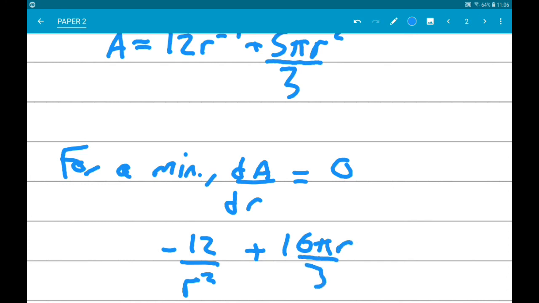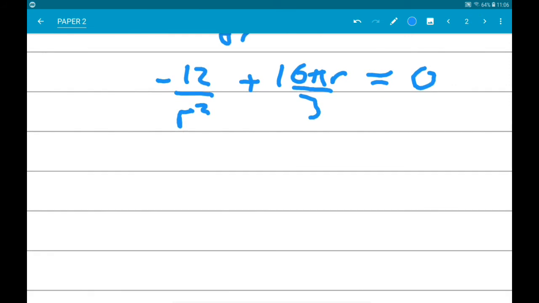And that is 0. Alright. So now we want to find r. So we can add 12 over r squared to both sides. So 10 pi r over 3 is equal to 12 over r squared.